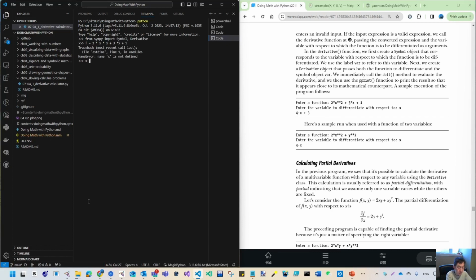We should first make the symbol definition, and now f is our function.